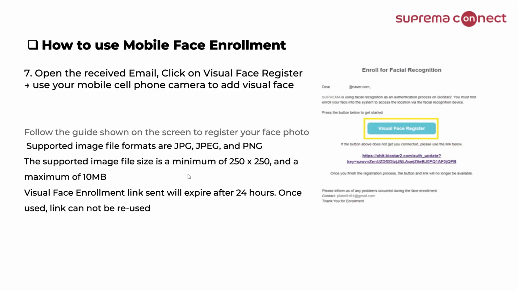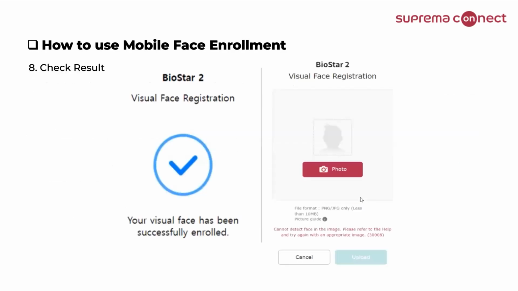The supported image file size is a minimum of 250 by 250 and a maximum of 10 megabytes. The visual face enrollment link sent will expire after 24 hours. This is very crucial. A lot of the time, some customers believe they can register in later hours, but make sure they know that it's within 24 hours before it expires. Also, once used, the same link cannot be reused again.